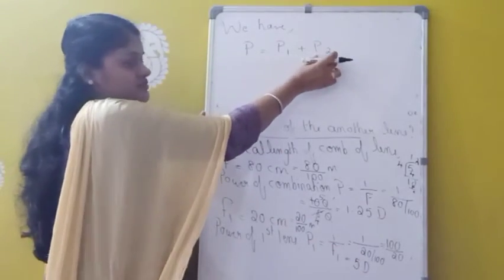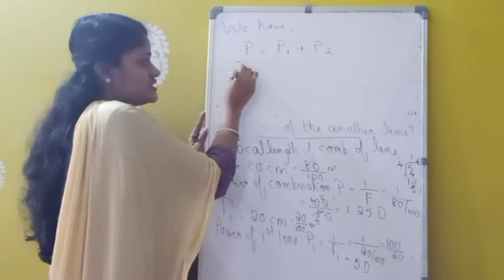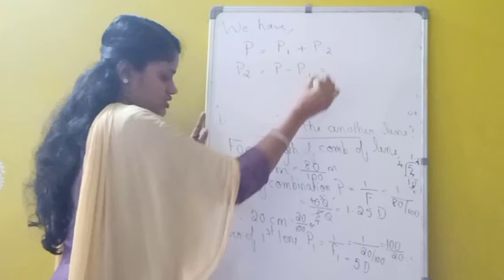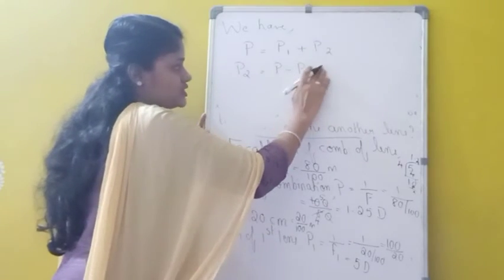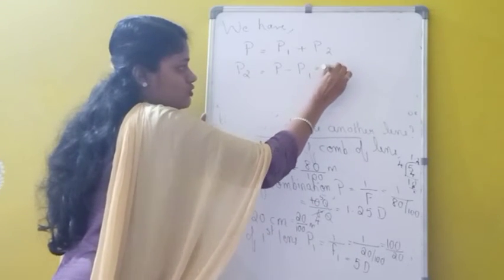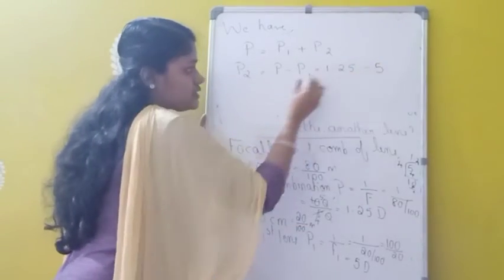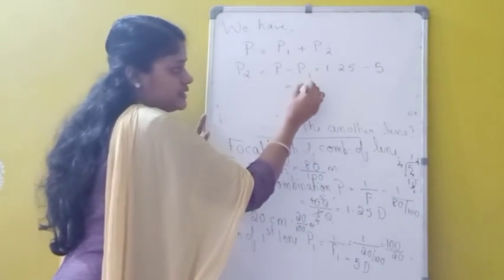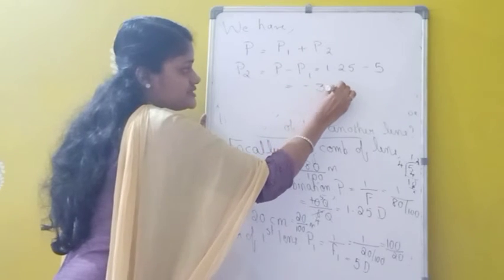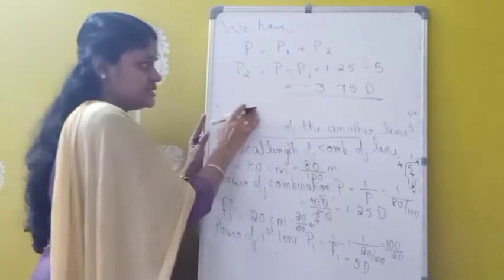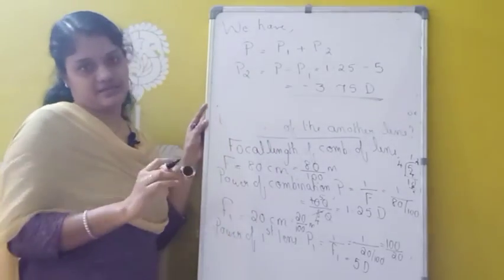We have to find P2. So P2 equals P minus P1. What is P here? 1.25 minus 5. So we are subtracting, we will be getting minus 3.75 diopter. So this is the power of the second lens.